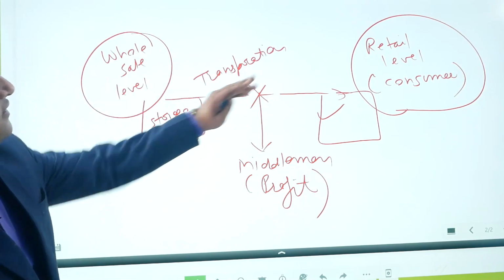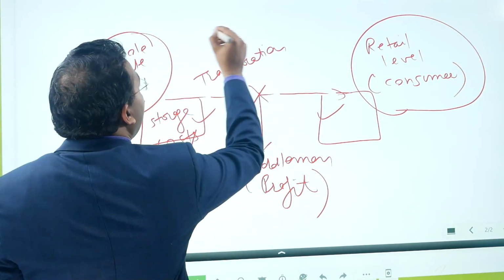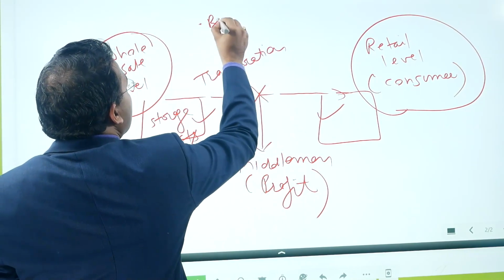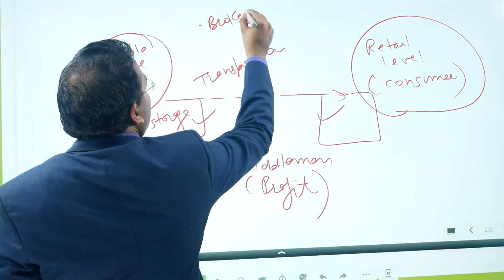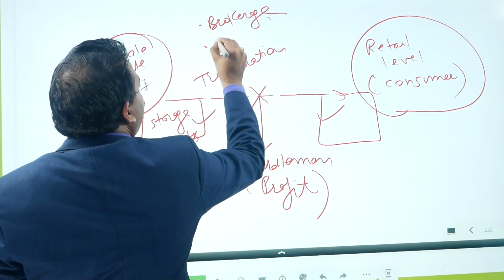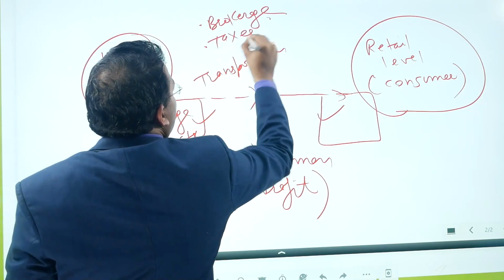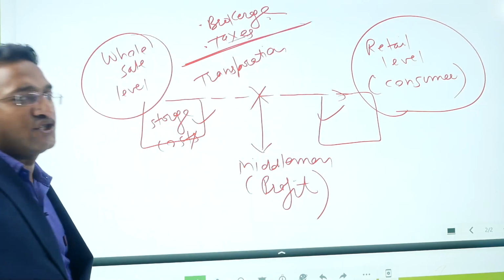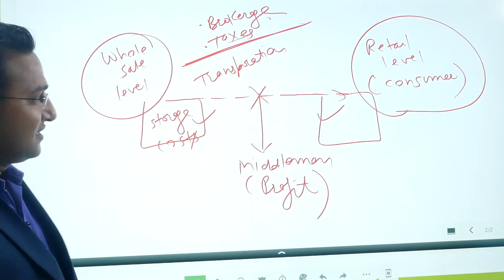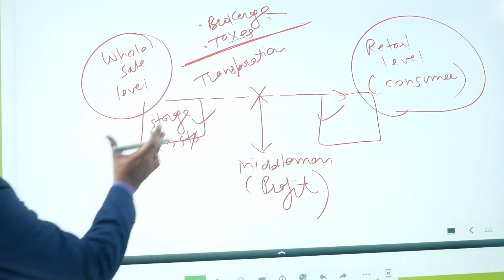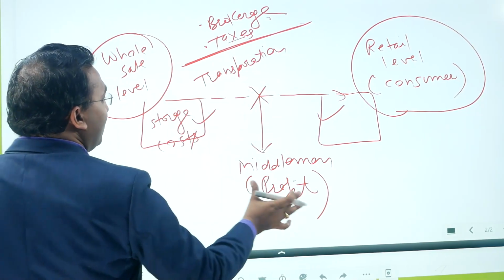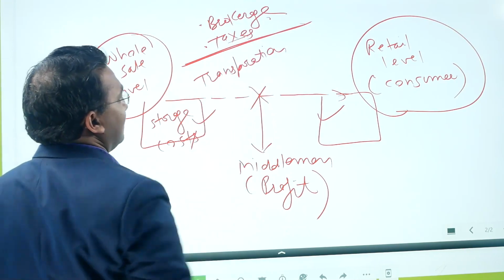And when all these transactions are happening, there will be some kind of brokerage by the middleman, and there will be some kind of taxes from the side of government, for example GST or other local taxes, right? So we will have transportation cost, storage cost, middleman margin, brokerage, taxes.